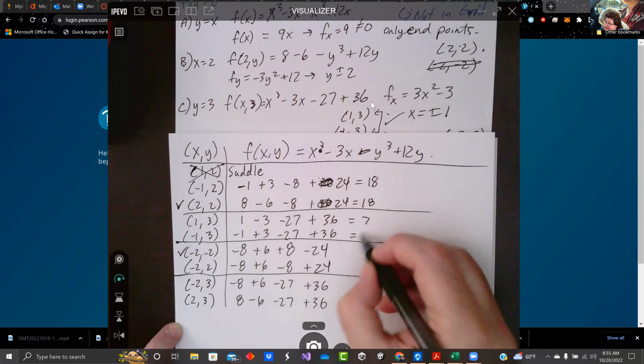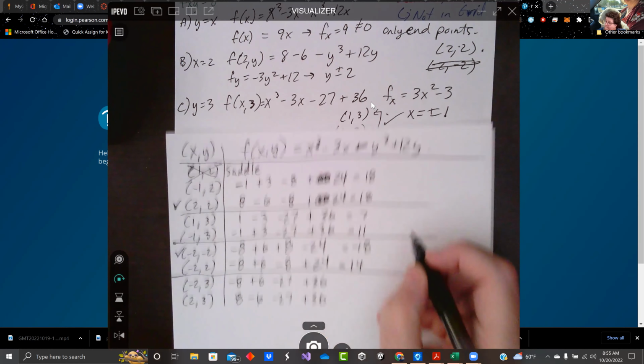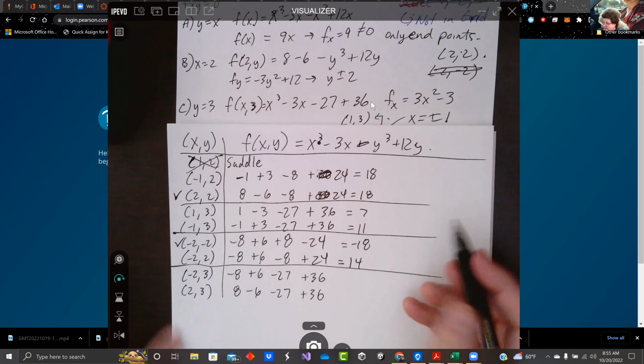Those cancel. 6 minus 24 is -18. -16 plus 6 is -10, plus 24 is 14. 36 minus 27 is 9 on both of these. This is 9 minus 2 is 7. 9 plus 2 is 11.